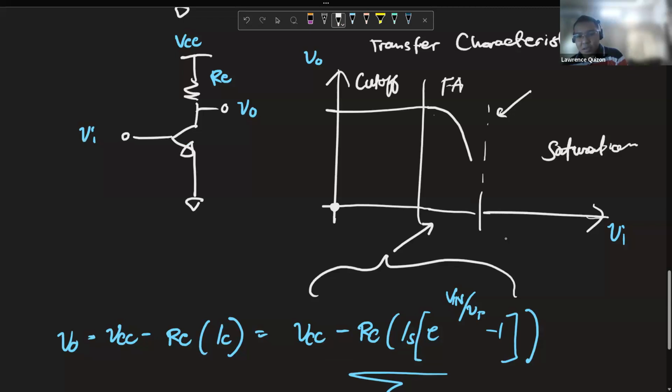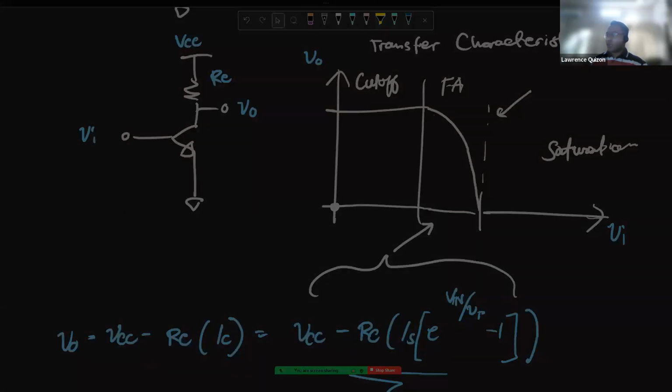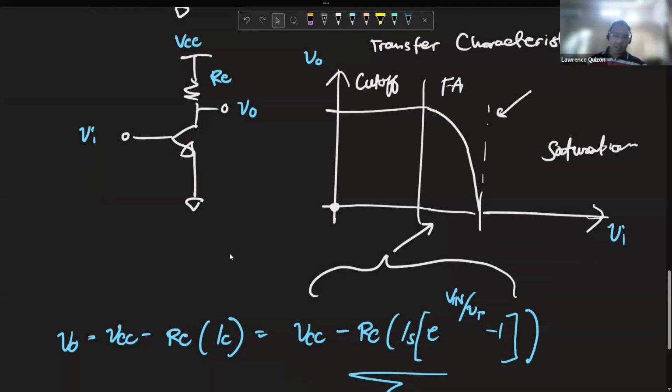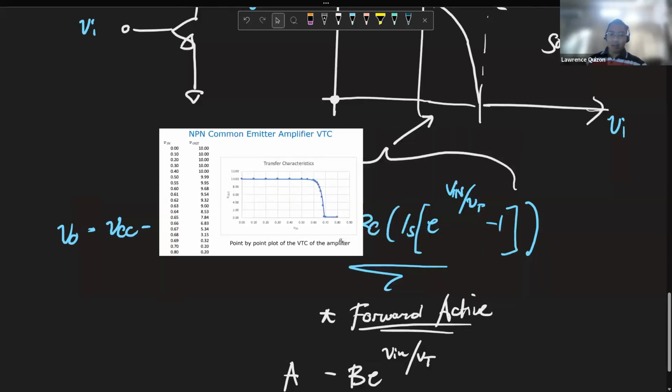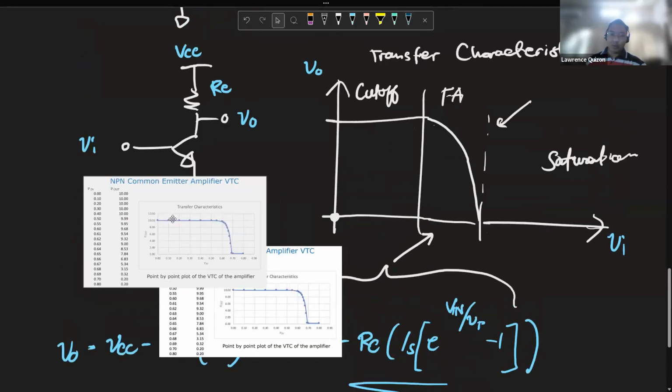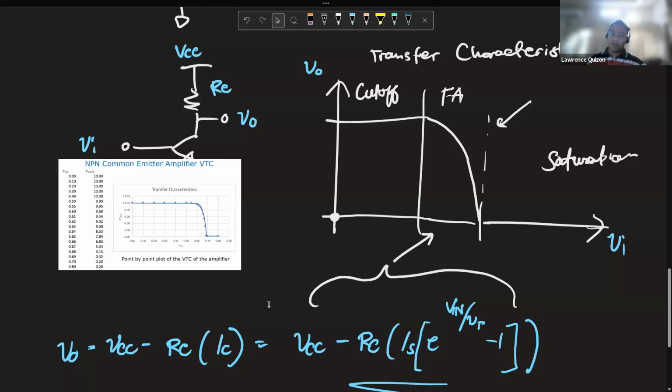Pag ganun siya. And if you don't believe me, sabi ni Sir Chicho, believe Lawrence, kasi ginawa na ni Sir Chicho yung curve na to. So it does look like that.